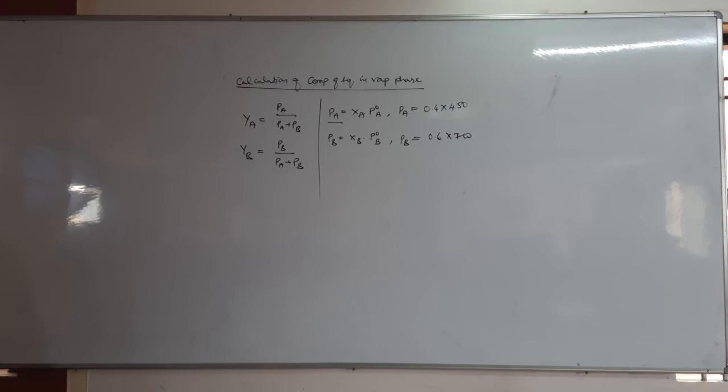Right? Another question is, the vapor pressure of the solution prepared by mixing 25.5 grams of chloroform and 45 grams of dichloromethane.